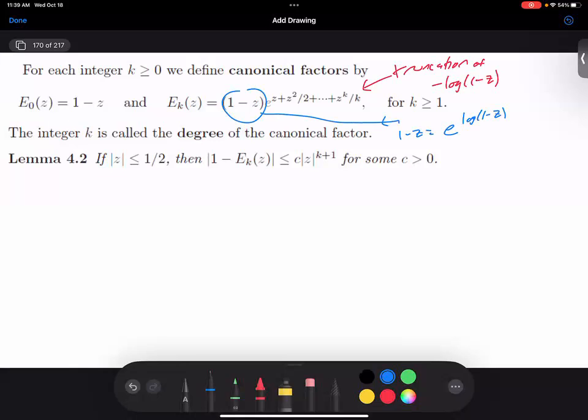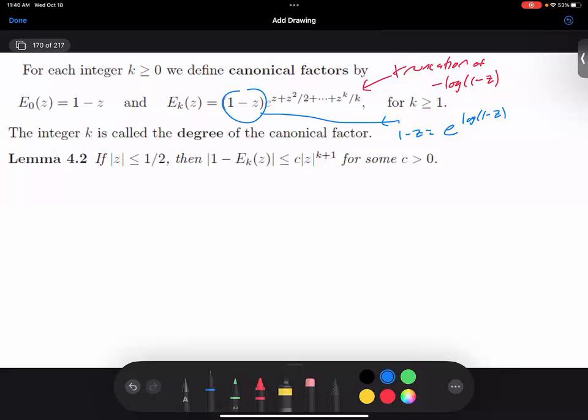This is an extremely common technique. And so now if I multiply these together, what I'm really doing is throwing away the first couple of terms in the Taylor series expansion.